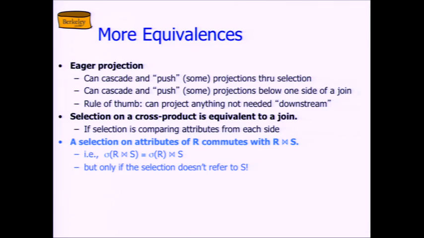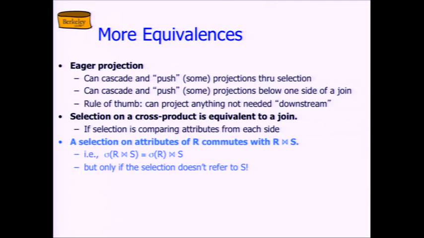Similar kinds of rules apply to pushing selections below joins. We saw this before. Let me write it over here. R join S join T. Let's start with something simple: select R dot A equals 5.